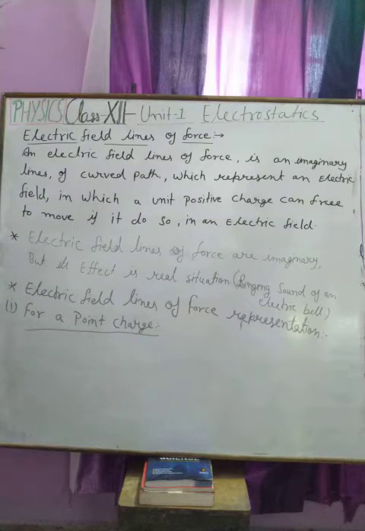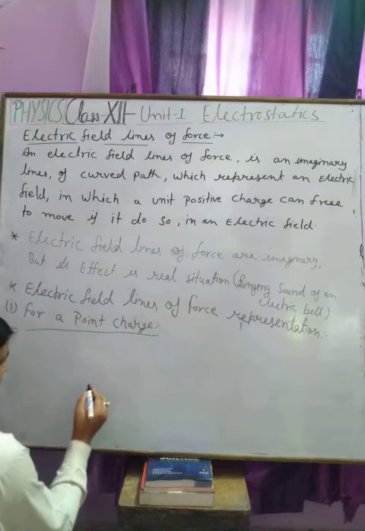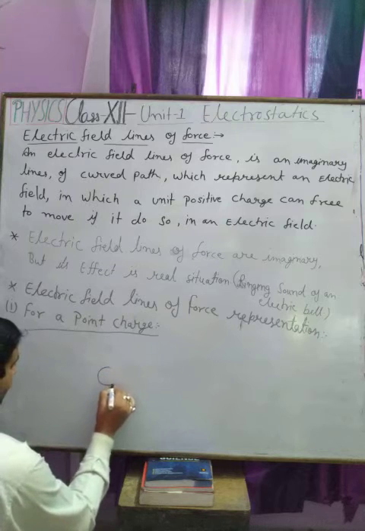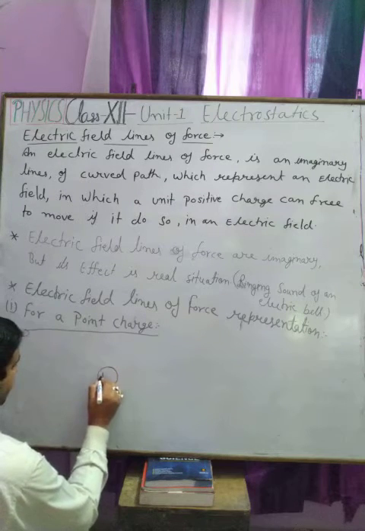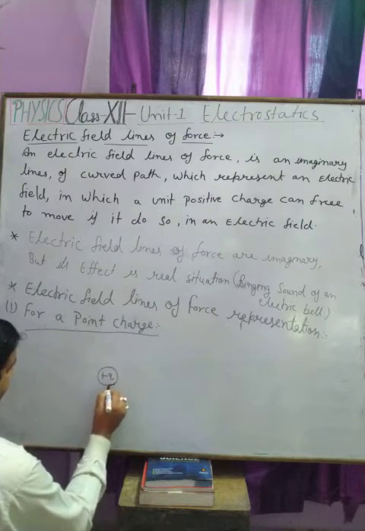We use the representation of the electric field line for both kinds of charges, positive or negative. So you understand the nature of the field lines. Here we have a point charge which is positively charged.